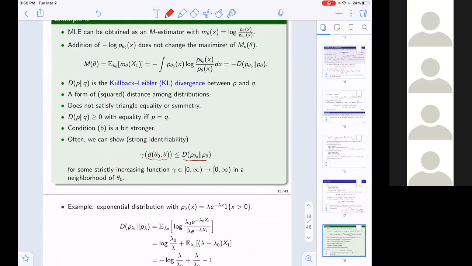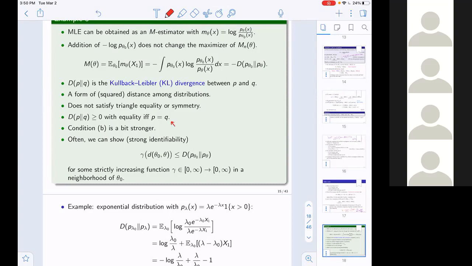This forces you to have the condition that you need. I'll leave something like this as an exercise for you. But up to this point is almost there. If your parameter space is compact, then you don't need to worry too much about the rest.